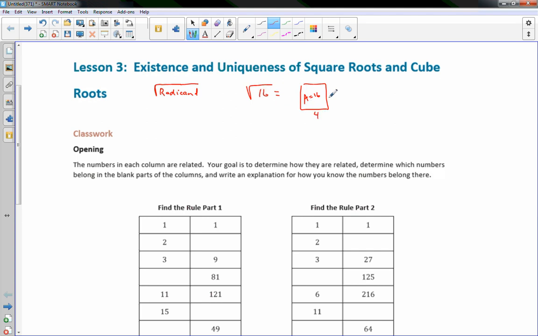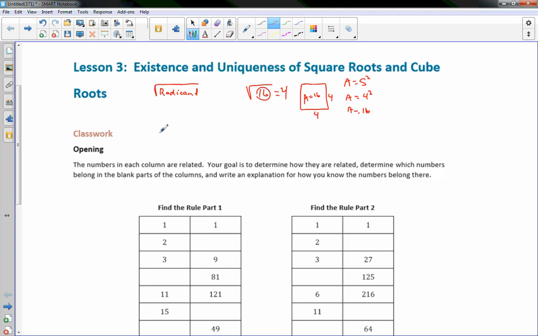So if I have 4 and 4, you know that 4 times 4 is 16, and the area of a square is side squared. So therefore, area equals 4 squared, and the area equals 16 when you have a side length of 4. So when you're doing a radical, what it really means is the area of a square is the number under here, and what it equals outside the radical is the length of one side.